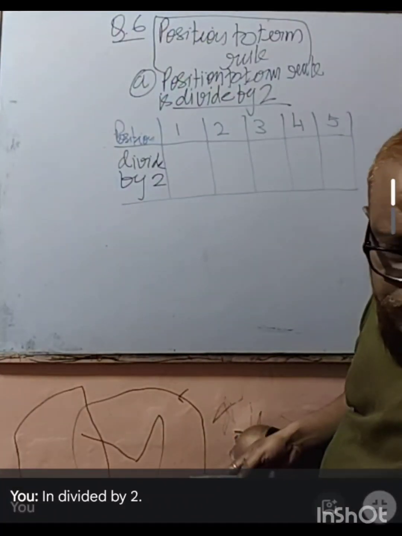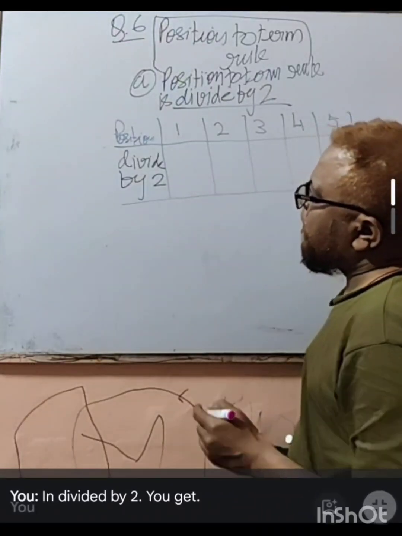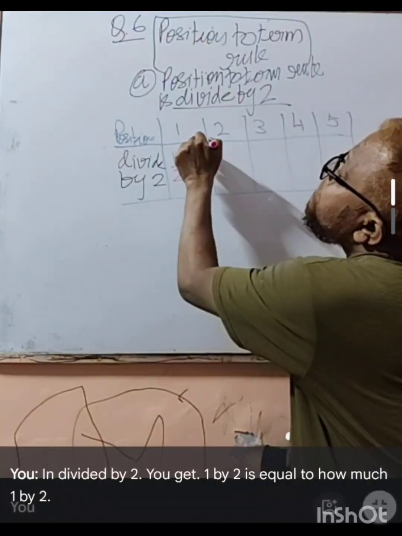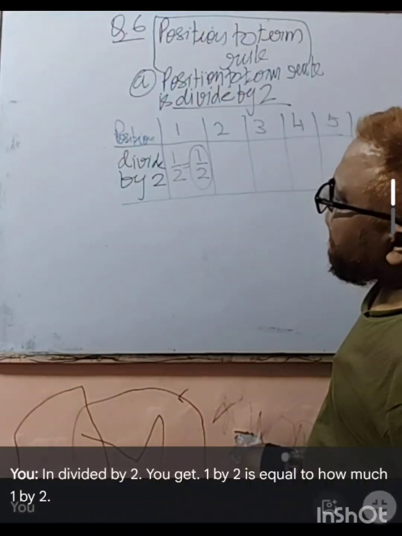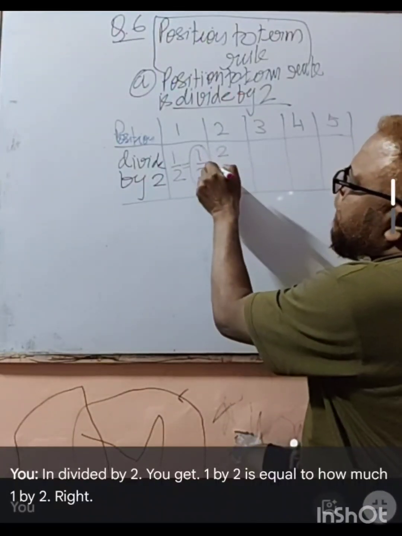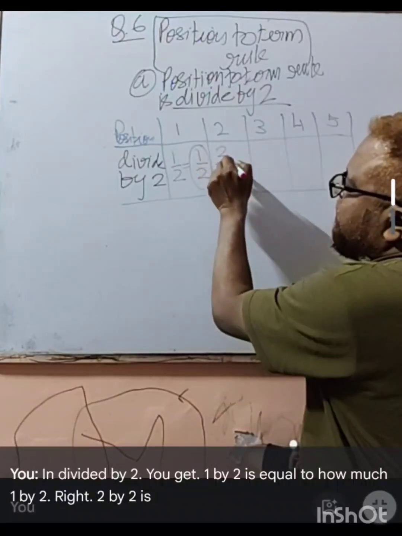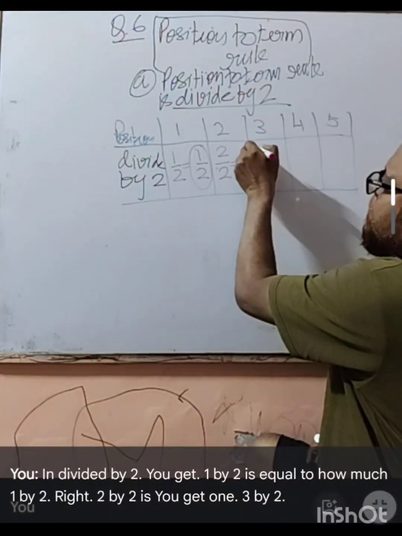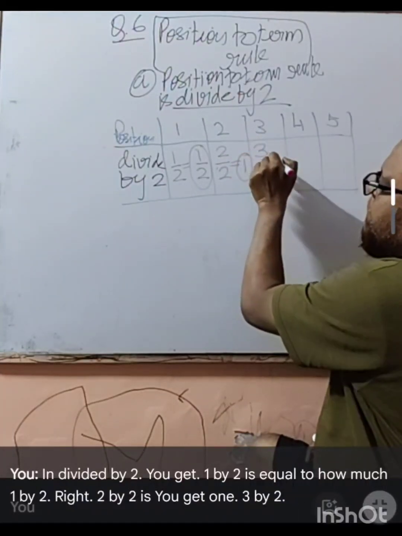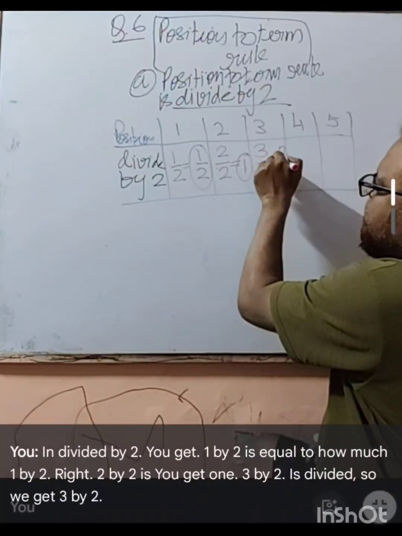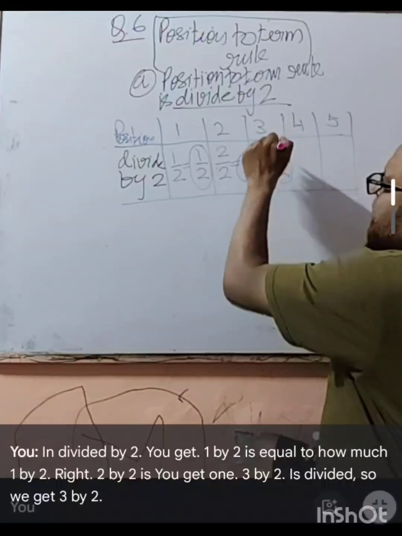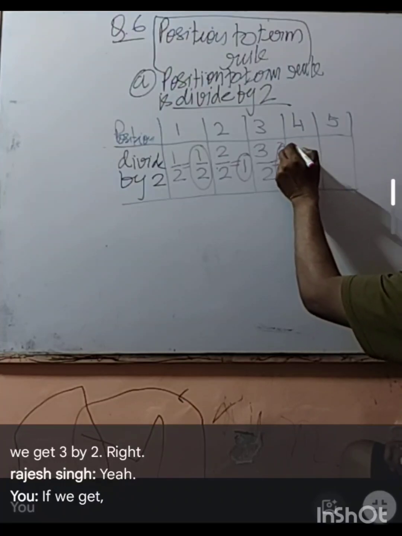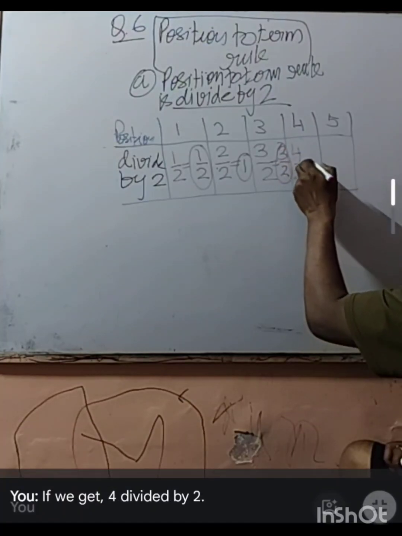In divide by 2, 1 by 2 is equal to 1 by 2. 2 by 2 is 1. 3 divided by 2 we get 3 by 2. 4 divided by 2, we get 2.